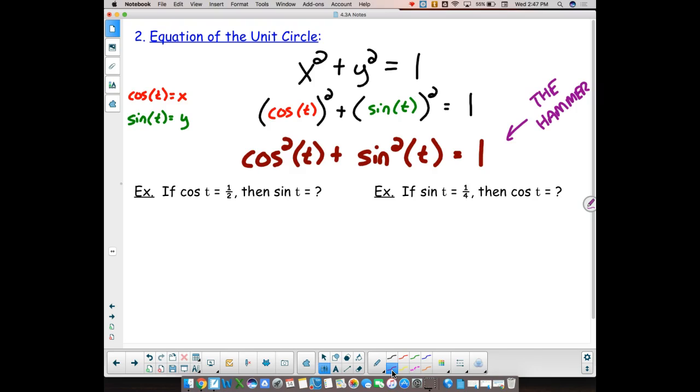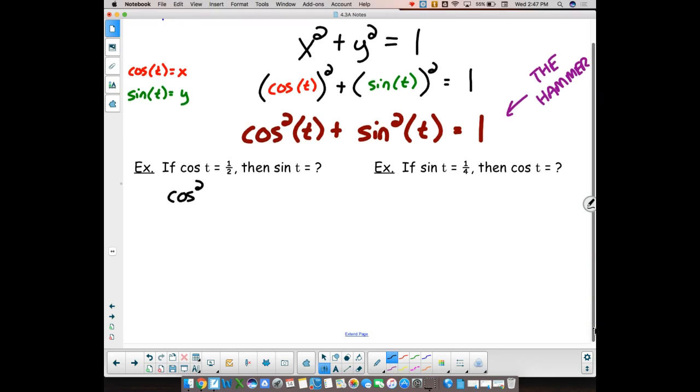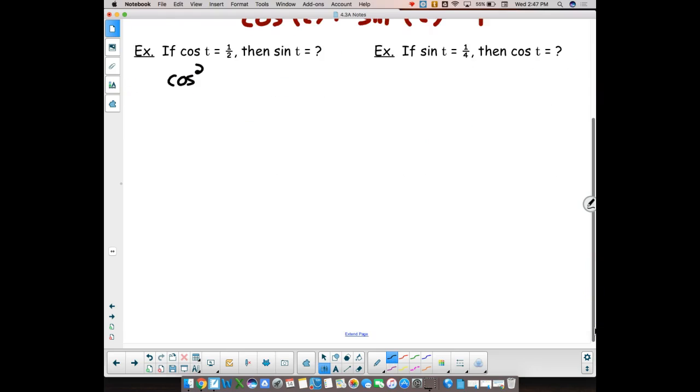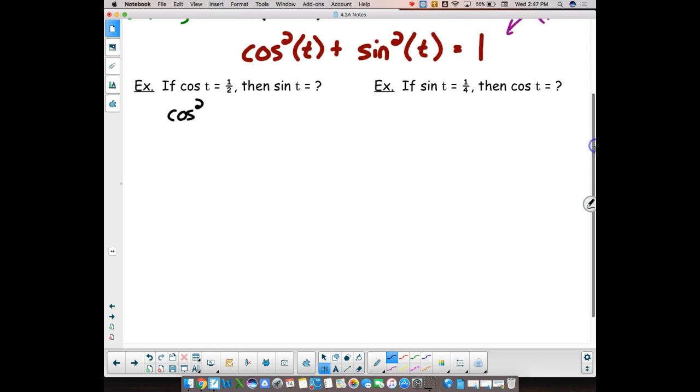So, if the cosine of t is equal to 1/2, find the sine of t. Well, if I'm utilizing the hammer, then the cosine squared of t plus the sine squared of t has to equal 1.